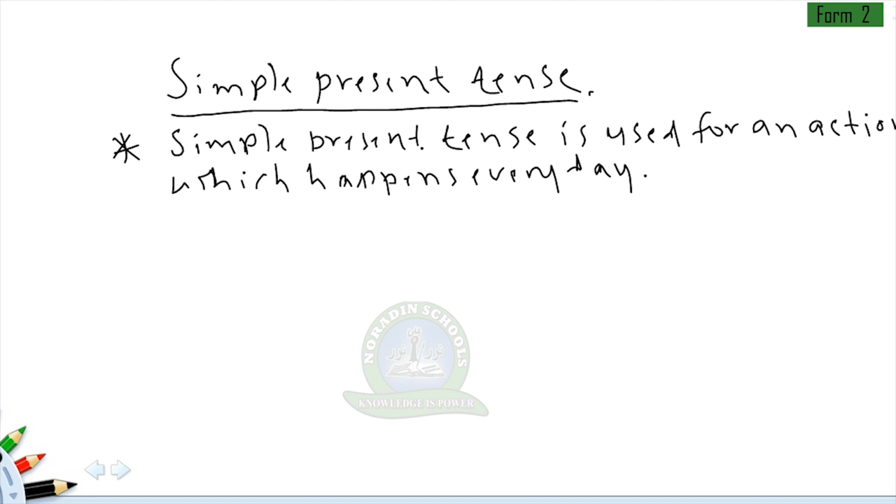This is a habitual action, something that you do every day, something that repeats again and again. It's happening today, it will happen tomorrow, and it happened yesterday, so it is happening again and again.